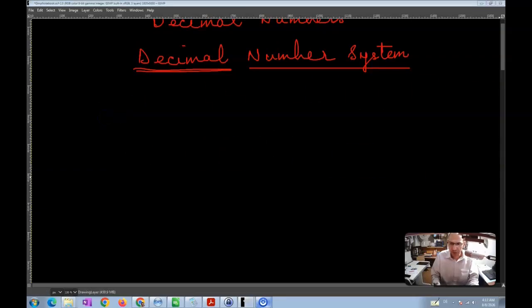Now, in the decimal number system, you can create different types of numbers.